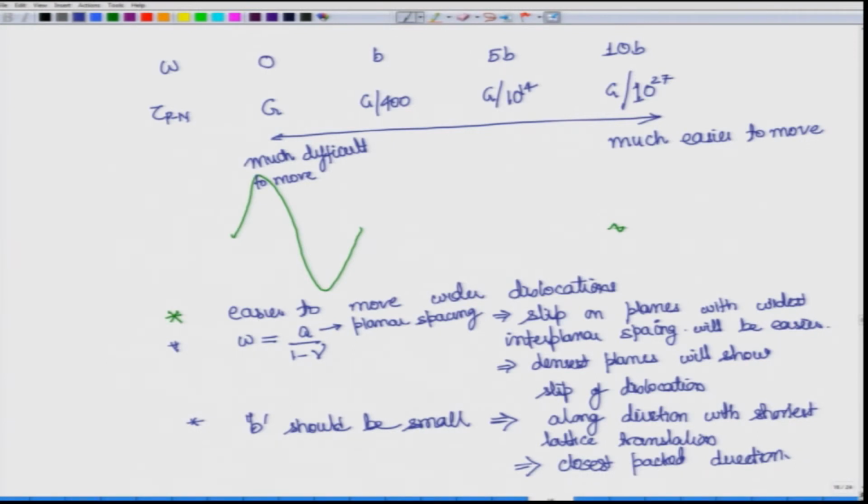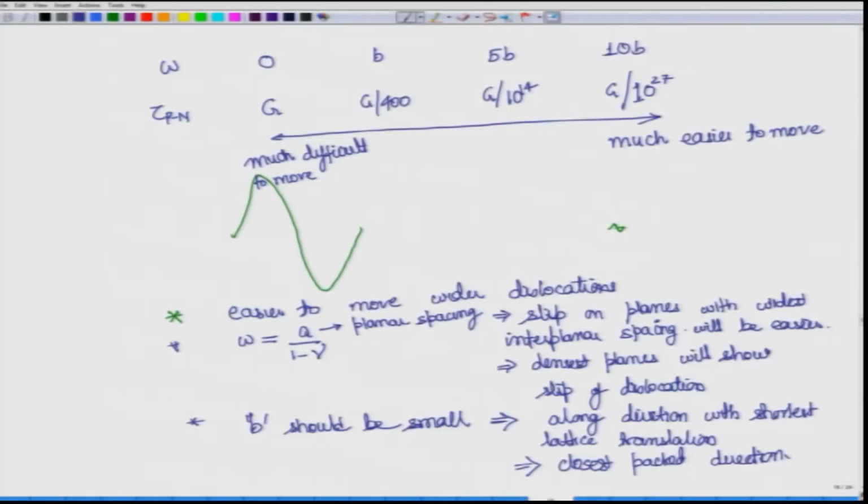So, based on this tau Pn, or when we talked about the resistance to lattice movement, we saw that there are two components. One is the core size, we said earlier that larger core size will move easily, smaller core size would move with more difficulty. The second aspect was the lattice resistance, which gives rise to tau Pn, and the size of the core has direct relation on the tau Pn.